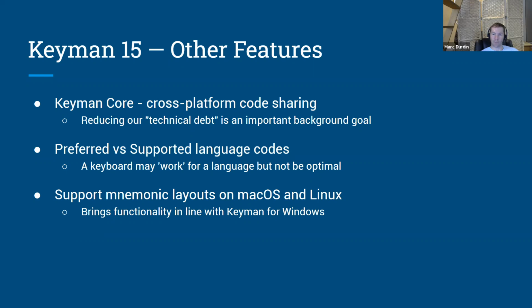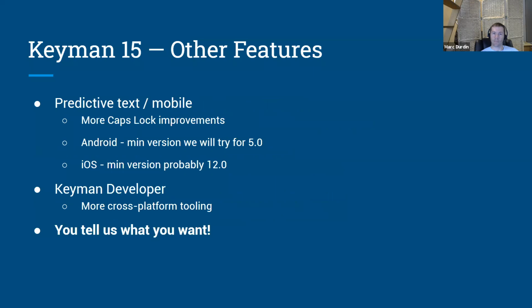So if you're on a French keyboard, it will remap so that the keys follow the French layout rather than the English US layout. On mobile devices, we want to have more work for caps lock. And as I noted before, the minimum versions for Android and iOS, we'll probably try and aim for those numbers, 5 and 12 respectively. Keyman Developer, we want that to work better on Linux and macOS, and we'll see what we can do with that. And you tell us what you want.